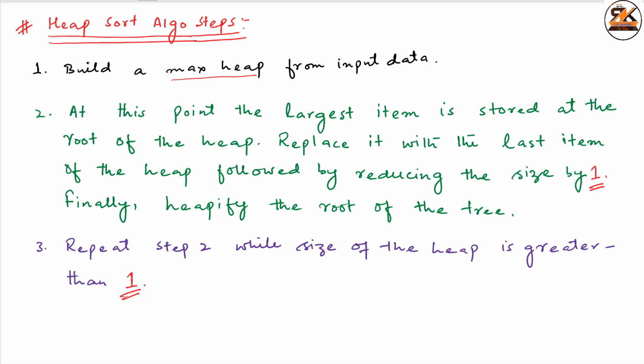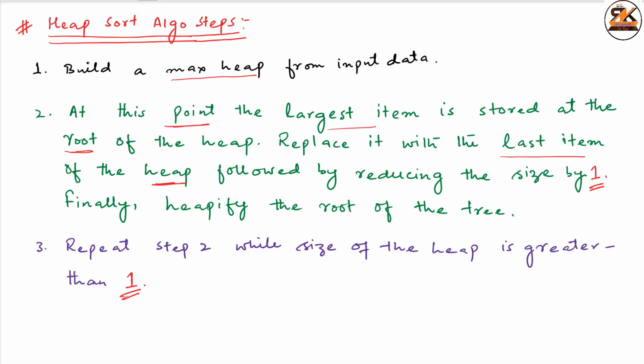And at this point we can say that the largest item is stored at the root of the heap, as we have built the max heap out of the unsorted data, and in that case the largest item will appear at the root of the heap, and we have to replace that root with the last item of the heap. Okay, what we do is we extract the element from that max heap.